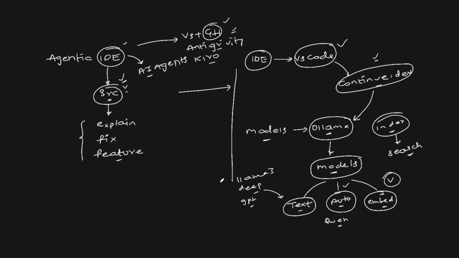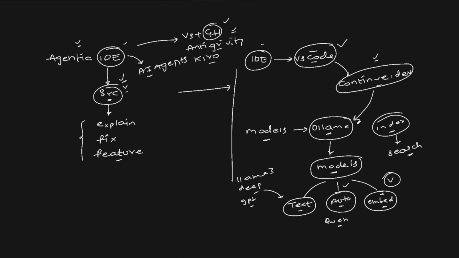I'll repeat one more time because if you're new to this entire thing, you might find it a little confusing. To set up our agentic IDE, the IDE that we are going to use is Visual Studio Code. In general, Visual Studio Code is a basic IDE where you can just download the source code and edit some files, basic operations that you can do with any IDE.